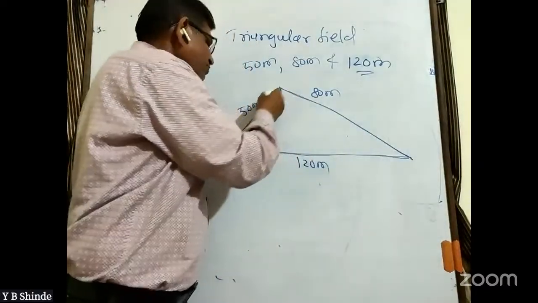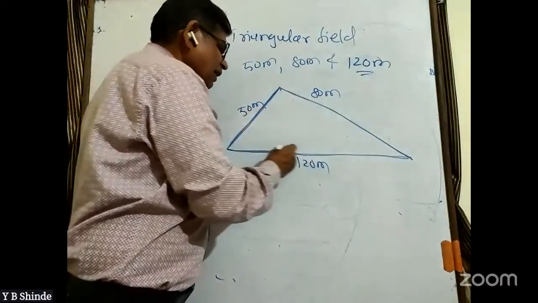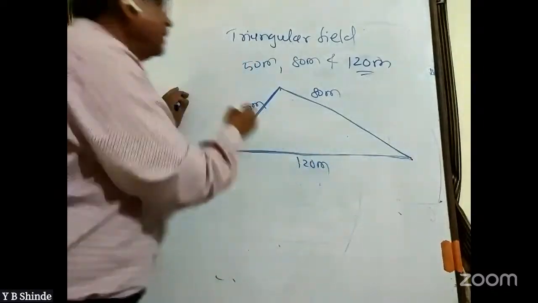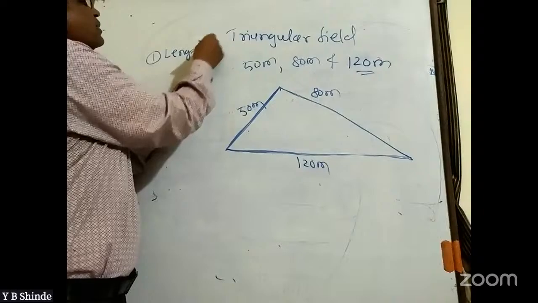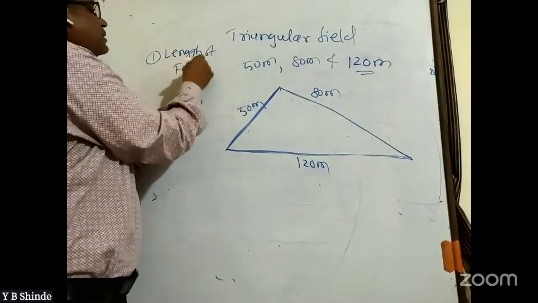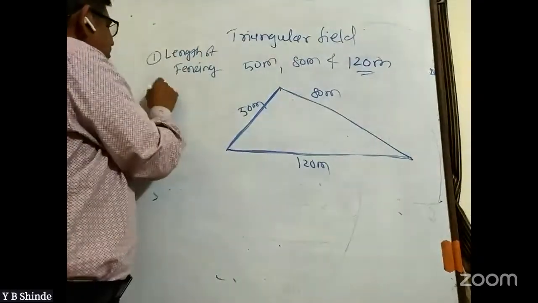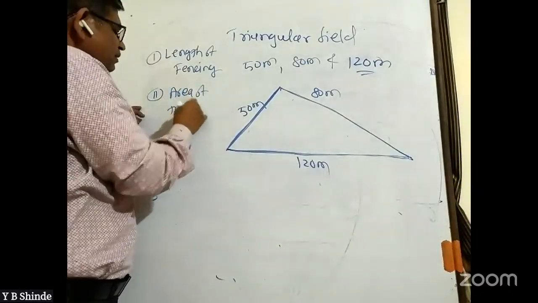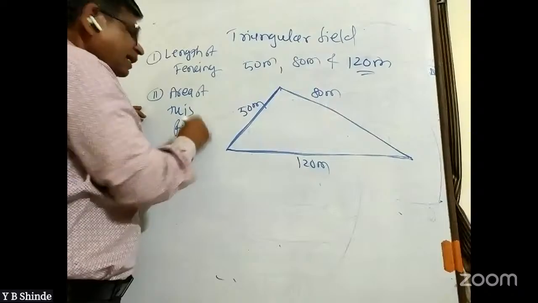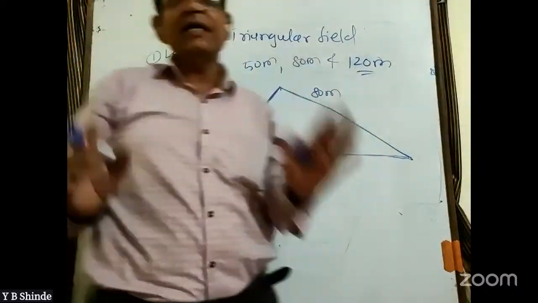What will be the length of the fencing? And the second question is the area of this field. And another sub-question may arise.